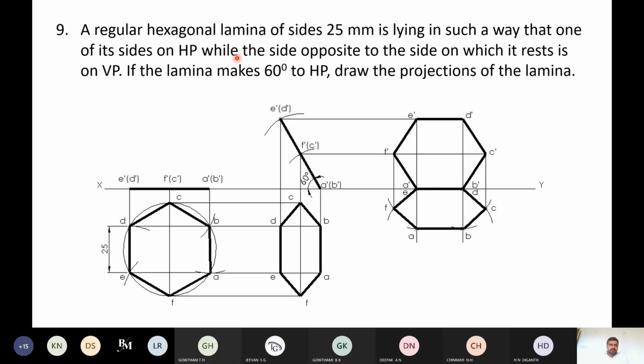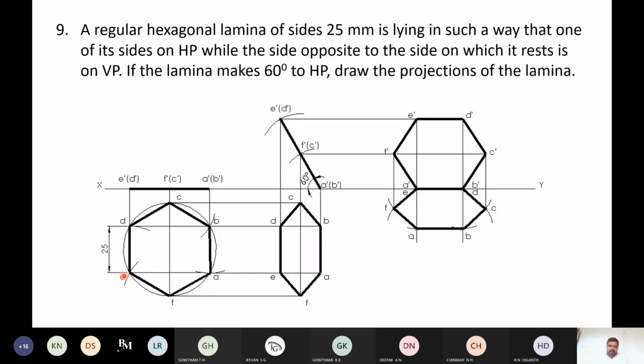The given lamina is a hexagon, the length of the sides is 25. It is lying in such a way that one of its sides is on HP, while the side opposite to the side on which it rests is on VP. Here in this case, AB is the resting side, and the side opposite to the resting side means DE.